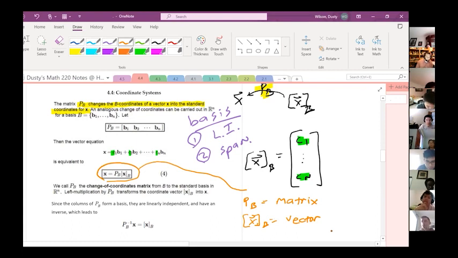So again, we call PB the change of coordinates matrix from B to the standard basis in Rn. So left multiplication by PB transforms the coordinate vector XB into X.